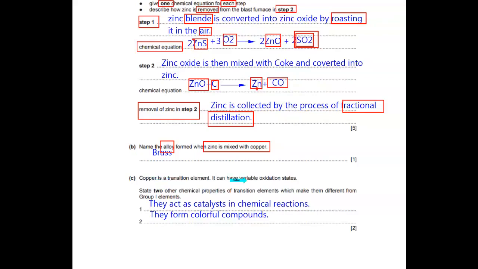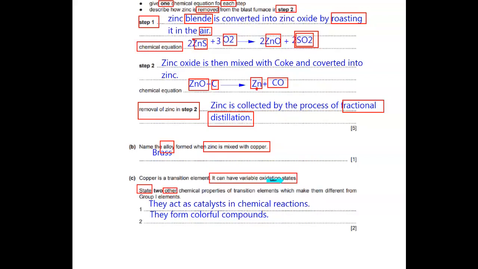So the question that follows here is state. Since they're asking you to state, you are not going to write lengthy lines, just going to state. State 2 other chemical properties. So one chemical property they have already described, its variable oxidation state, but you need to name 2 other chemical properties of the transition elements which make them different from group 1 elements.